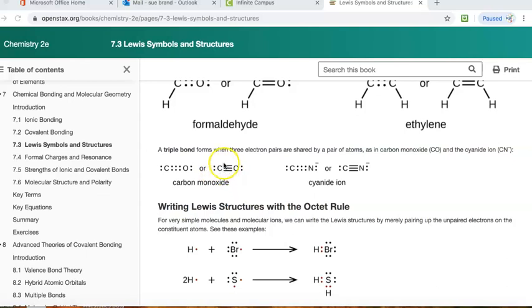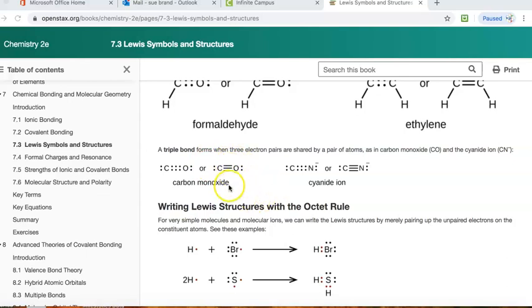So here you see that carbon has 8 electrons around it, valence electrons plus shared electrons, to fill its subshell. And then oxygen also has 8, 2, 4, 6, 8.